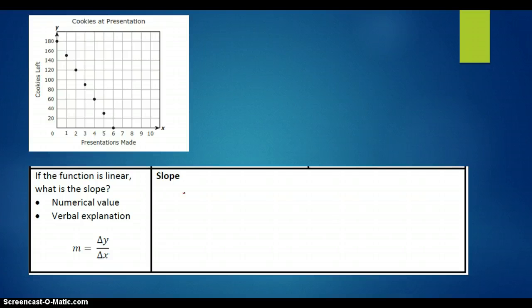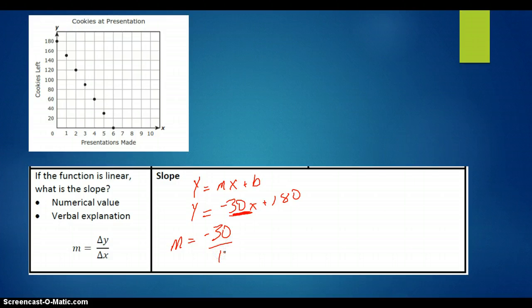Our slope here, you can find it from the table, which I know you guys are very good at, or you can find it from the equation, and it's right here. I like to put the slope in fraction form because it's more descriptive. So we have the change in y over the change in x.